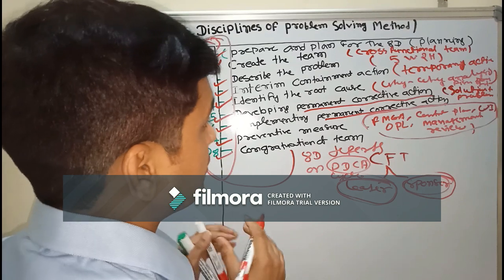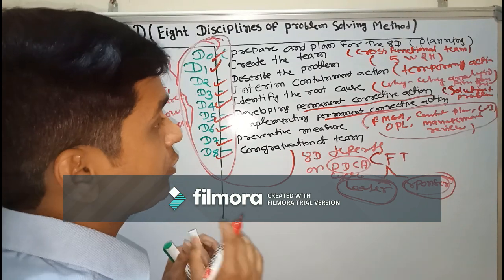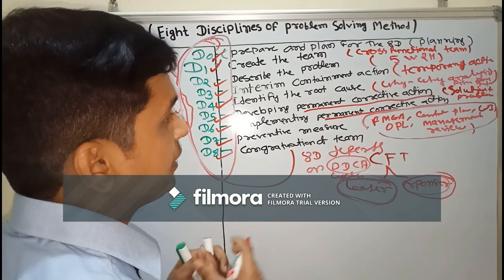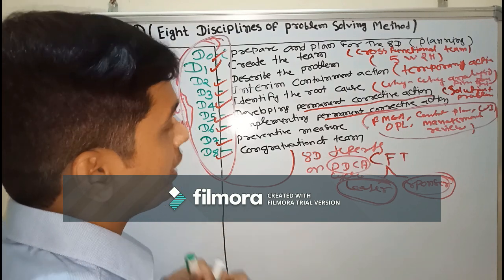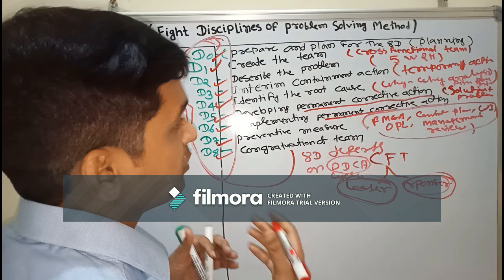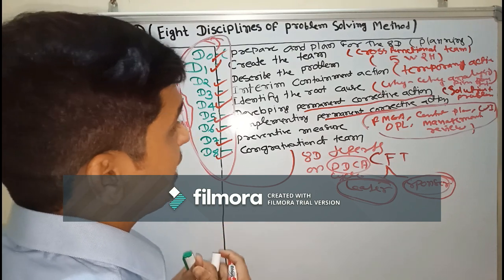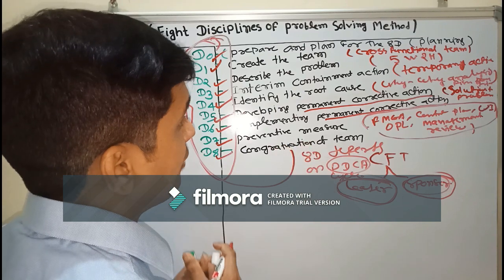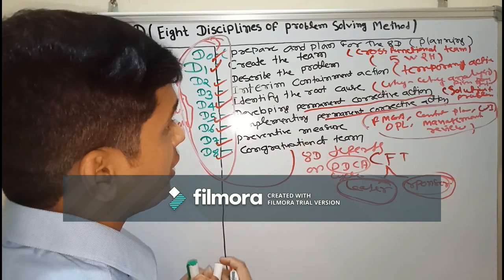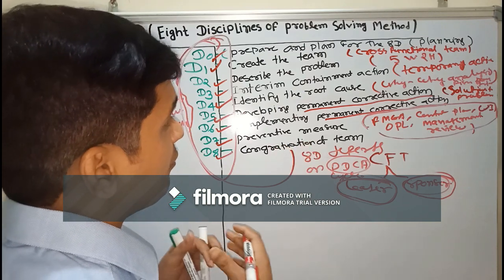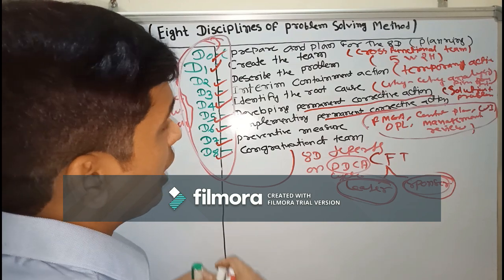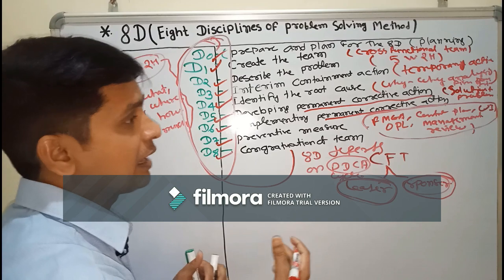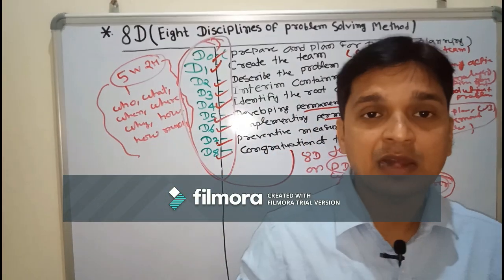So I think this video is very important, and you know that the AD's problem solving process is typically required when safety or regulatory issues have been generated, customer complaints have been indicated, warranty concerns have been identified, internal rejection, wastage, scrap, poor performance or test failure. So there we have to use the AD discipline of problem solving. I think this video is very helpful for you.